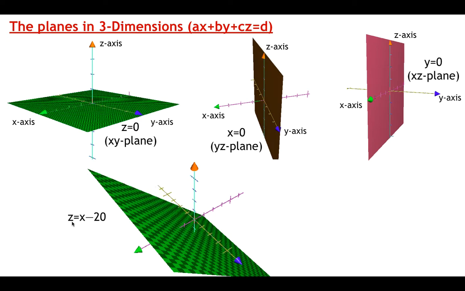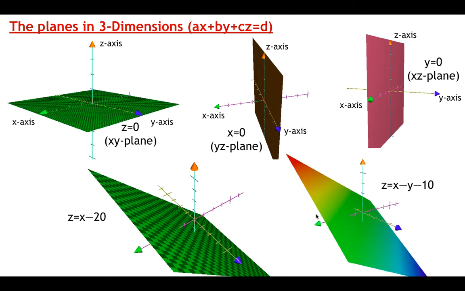So at x equal to 20, z will be 0, so this is x 20, z 0, and this is true for every point y. Then it increases on this side as x increases, and it goes downward on the other side when x is towards the negative axis. So it's a slant plane.